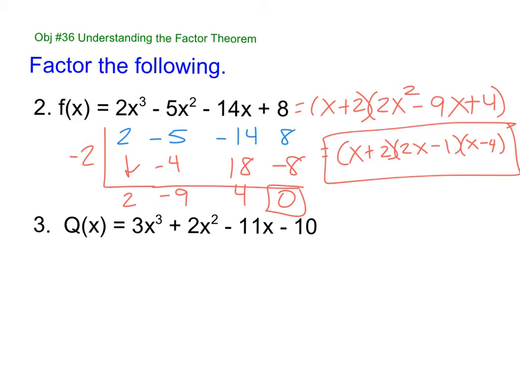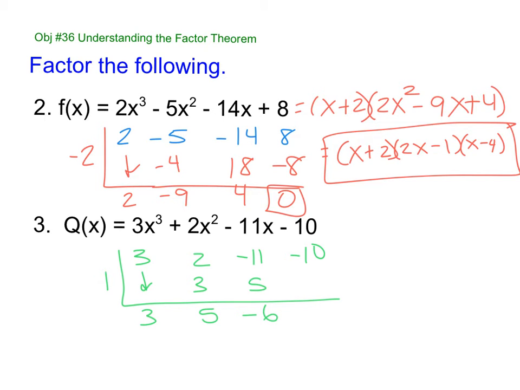And number 3, we got 3, 2, negative 11, negative 10. Again, I'm going to try my integers first, hoping for the best. 3, 3, 5, 5, nope. I'm going to try a negative. It is nice having just like an eraser. Negative 3, negative 1, 1, negative 10, 10, got it.